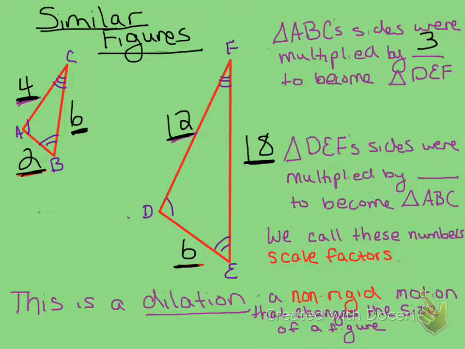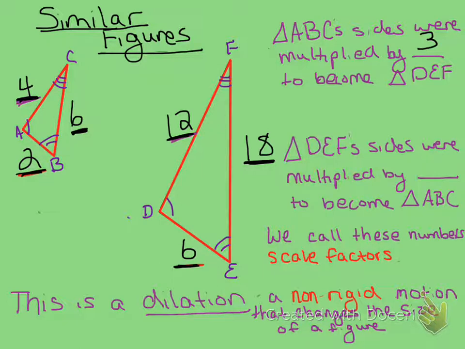Now, we can go backwards too. This isn't just about going from big to small or small to big. We can go both. So look at going backwards. 12 to 4, 6 to 2, 18 to 6. DEF sides were multiplied by what to become triangle ABC?